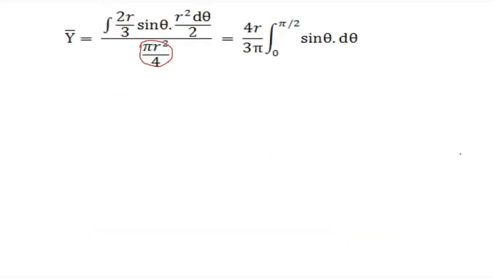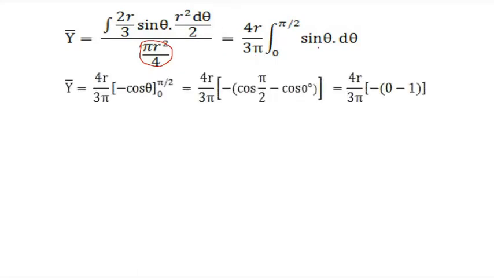So in the beginning itself you will get 4r by 3 pi into the integration of sin theta d theta, limits from 0 to pi by 2. Substitute those limits: minus cos pi by 2 minus cos 0. Cos 0 is 1 and cos pi by 2 is 0. So 0 minus of 1, therefore minus of minus 1 plus 1, and that will be equal to 4r by 3 pi.